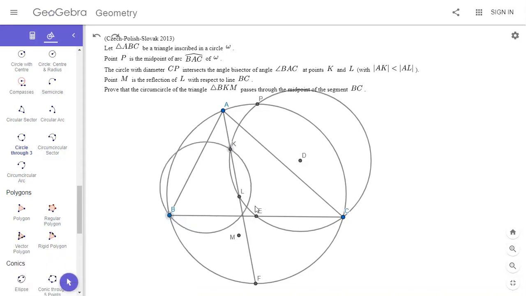Let me draw this circle. So we want to show the circle exists.